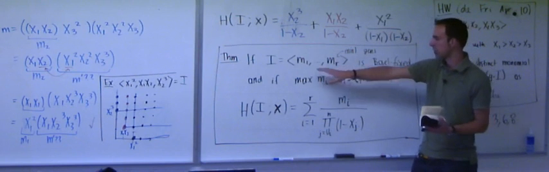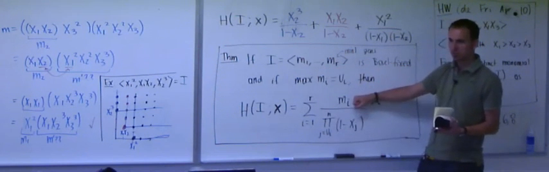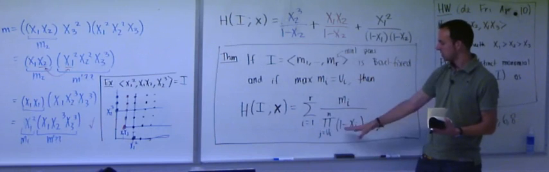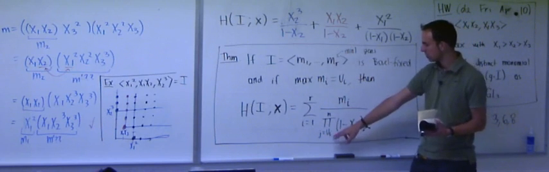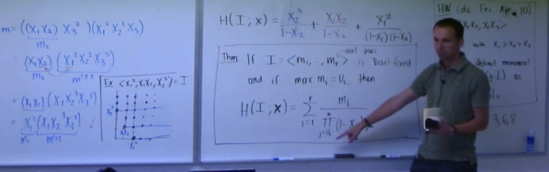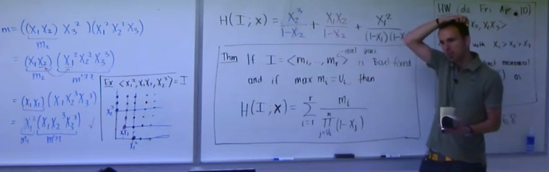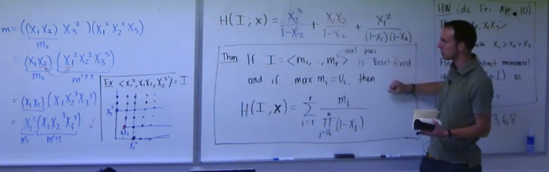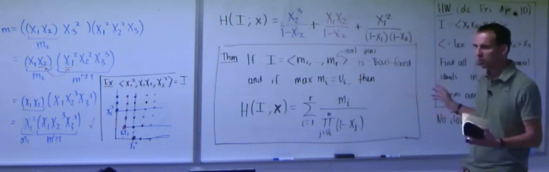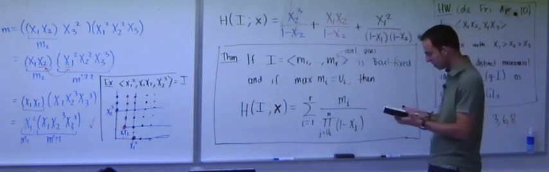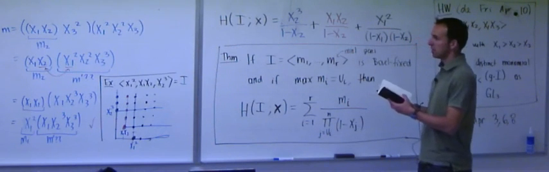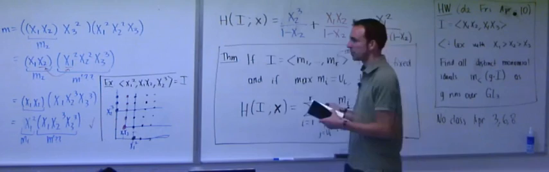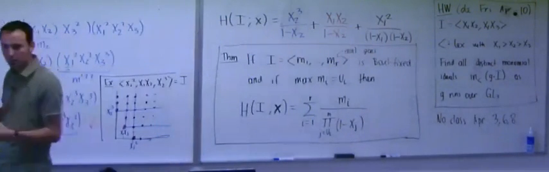And then for each one you get a term where the numerator is just the monomial, and the denominator is just a very predictable power of 1 minus xj. So it just goes from Ui to n, and Ui is immediate to read from Mi. So that means that the Hilbert series is extremely explicit. So that's an idea. That's basically a proof of the Hilbert series.